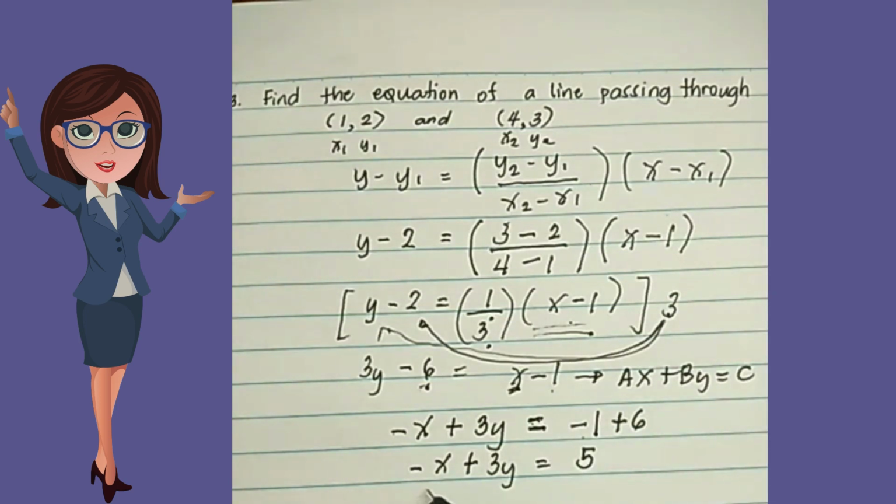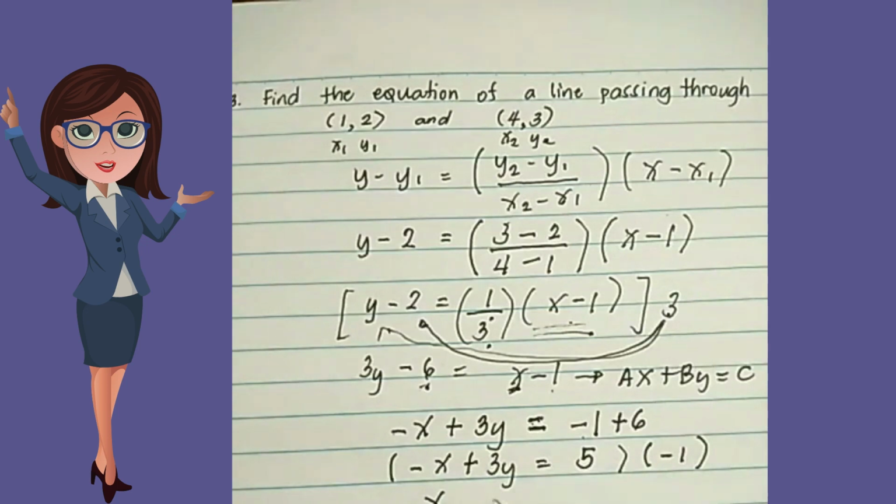So for us to make it a positive term, you have to multiply this by negative 1. Multiplying the whole equation by negative 1 times negative x, that will give us positive x.